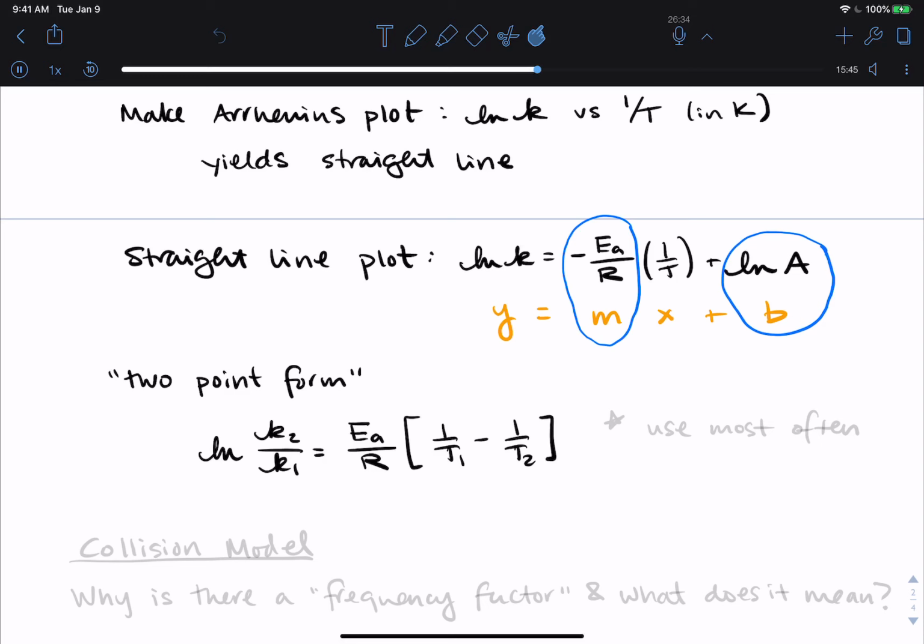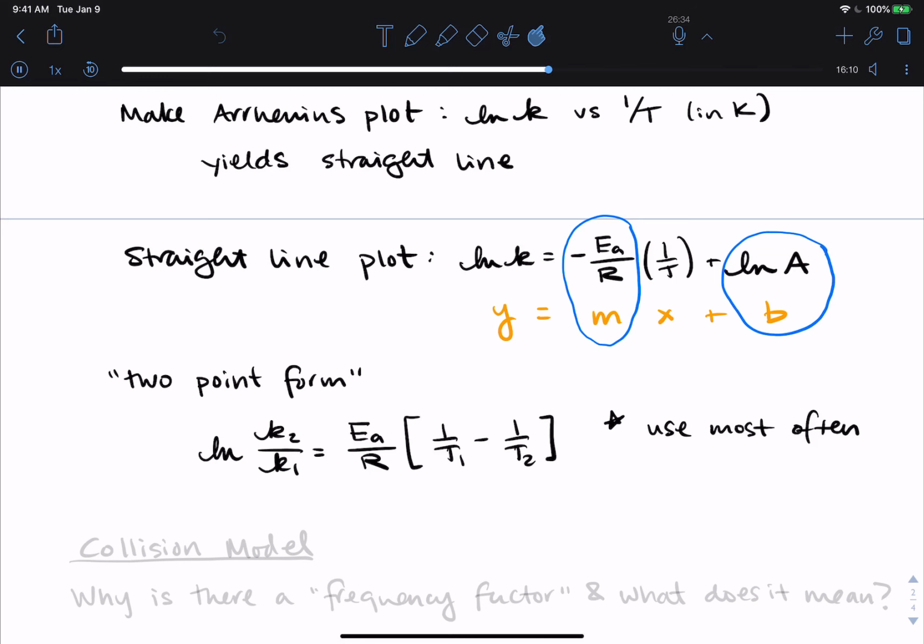Now if we know the activation energy and the rate constant at one temperature, we can find the rate constant at any other temperature. So this is probably the form you will use most often, and certainly the form that you would use on an exam.